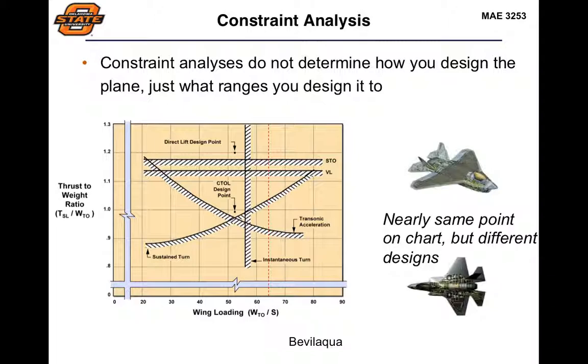So they looked at these constraints, and these are all physics-based performance lines that you can write an equation of thrust-to-weight ratio as a function of the wing loading, and you end up with these competing performance parameters. The junction of the two allows you to optimize for the conventional takeoff and landing design, and then the direct lift design point for that vertical takeoff and landing option that you have.